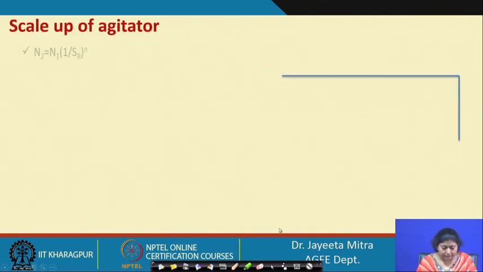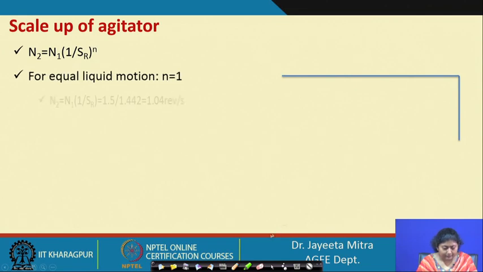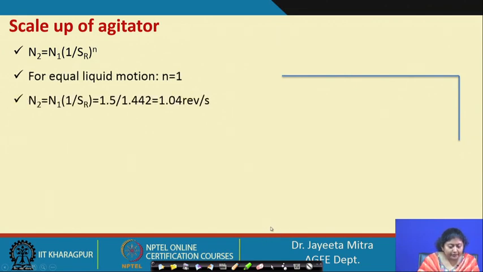Okay. Then N2 will be N1 into 1 by SR to the power n. For equal liquid motion we know small n equals 1; there are 3 cases: equal liquid motion, equal mass transfer and equal suspension, and for each of them this small n is defined. Then N2 will be N1 into 1 by SR, so 1.5 divided by 1.442, which is 1.04 revolutions per second.